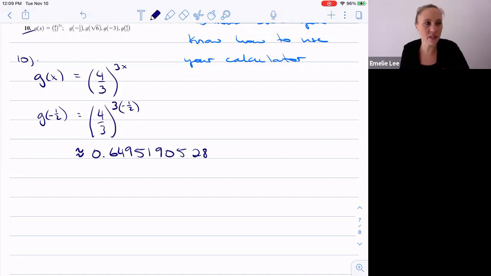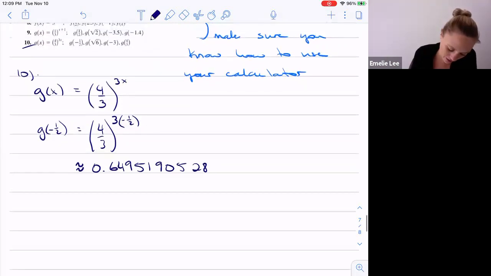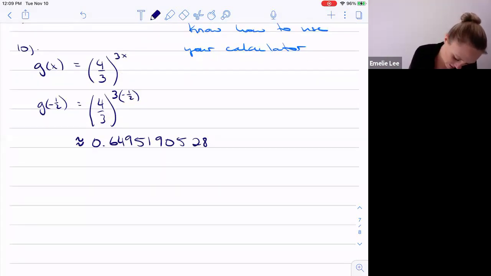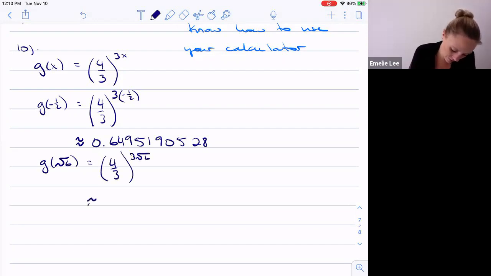Okay. And let's do the root 6 one. So g of root 6 is 4/3 to the power of 3√6. So roughly equal to 4/3 to the power of, in brackets, 3 times the square root of 6.